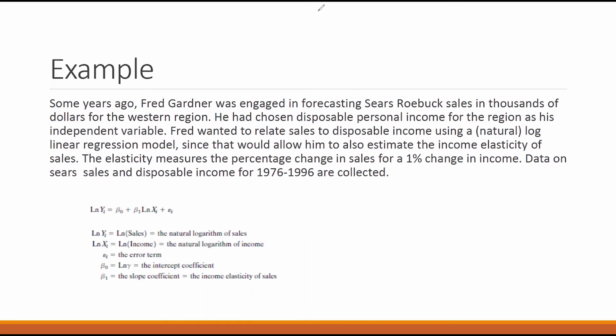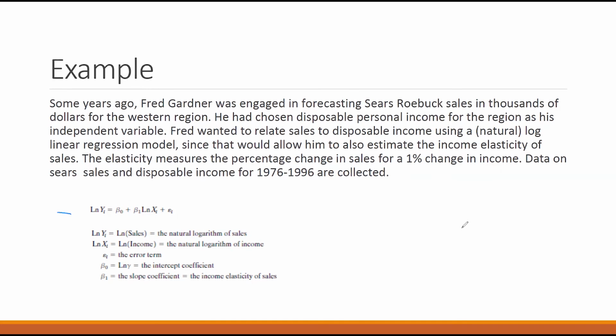Fred wanted to relate sales to disposable income using a natural log linear regression model, since that would allow him to also estimate income elasticity of sales. The income elasticity measures the percentage change in sales for a 1% change in income. Data on Sears sales and disposable income for 1976 to 1996 are collected.